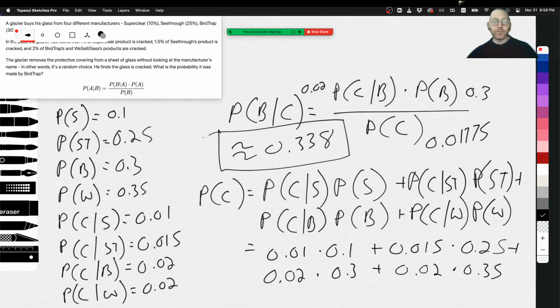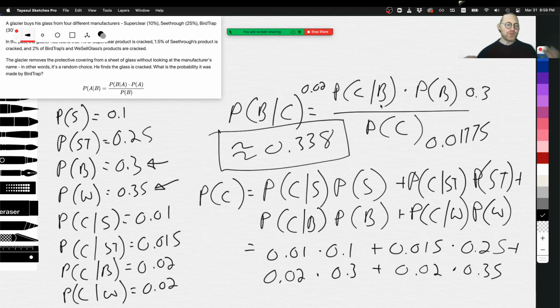And if you want to reason these out, and I think it's a good idea to reason these out, look at the probability of bird trap in the first place. Now, I would venture to say that it's going to be more likely that the glass came from we sell glass than bird trap, right? Because notice the weight of we sell glass is 0.35, and the probability of being cracked is the same, right?